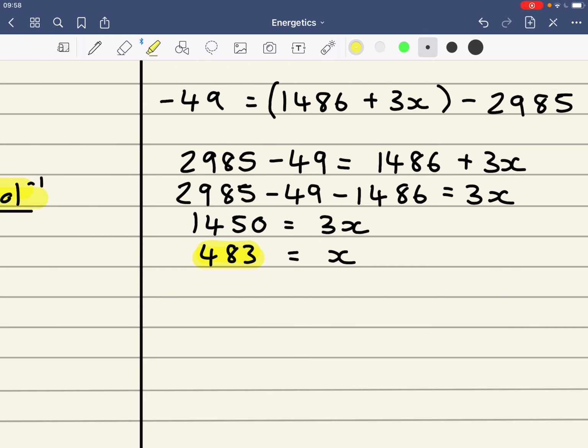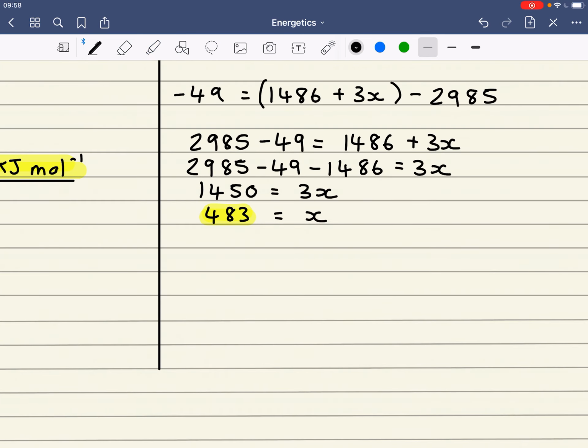Now, the actual data book value for a hydrogen-hydrogen bond is actually 436. Why then have we got such a big discrepancy? It's very, very important to remember that the actual bond enthalpies will be slightly different from the mean bond enthalpies.